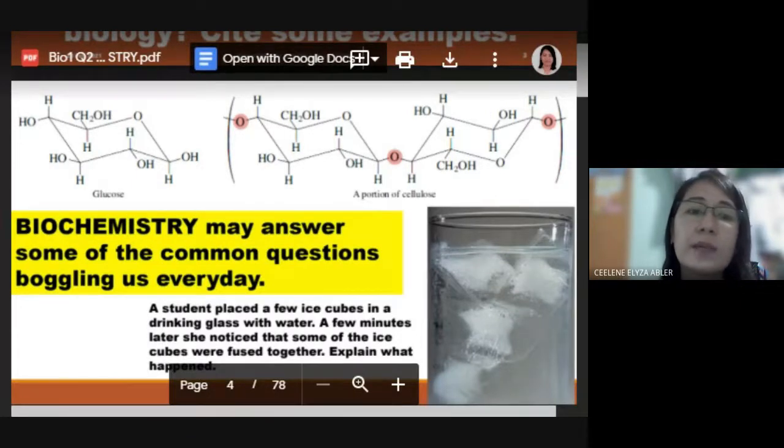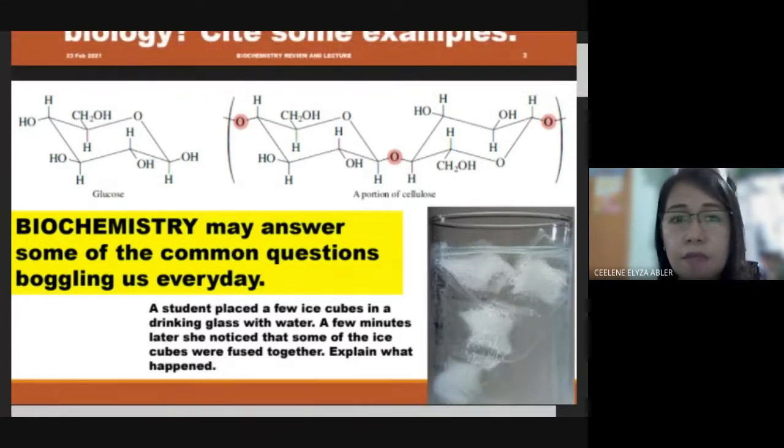We also have a separate lesson for students who will be taking medical degrees or degrees related to medicine, like the allied health sciences. You will have a separate lesson for biomolecules.